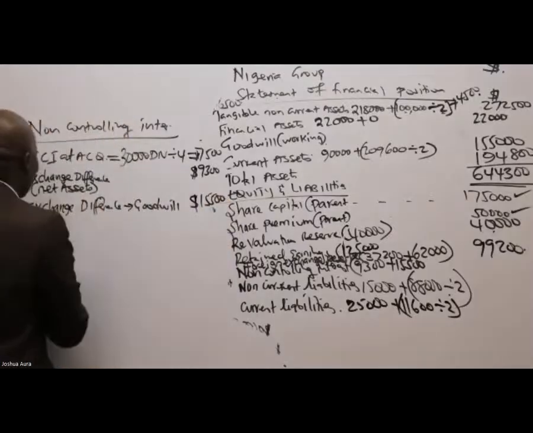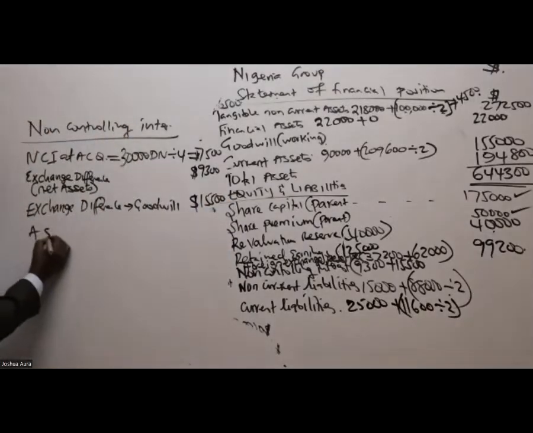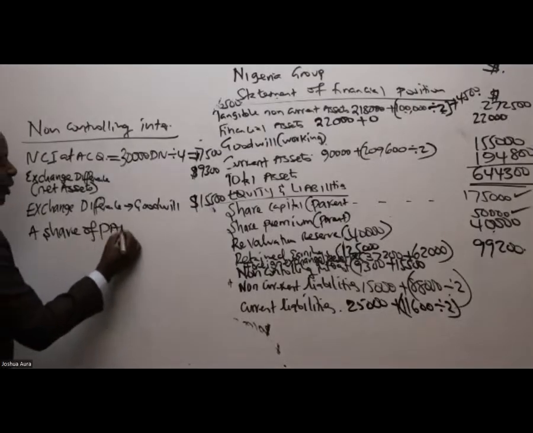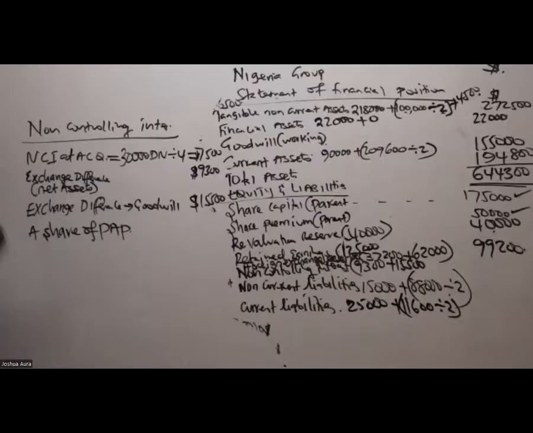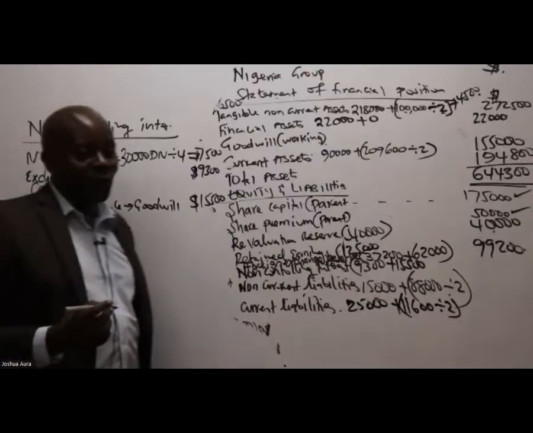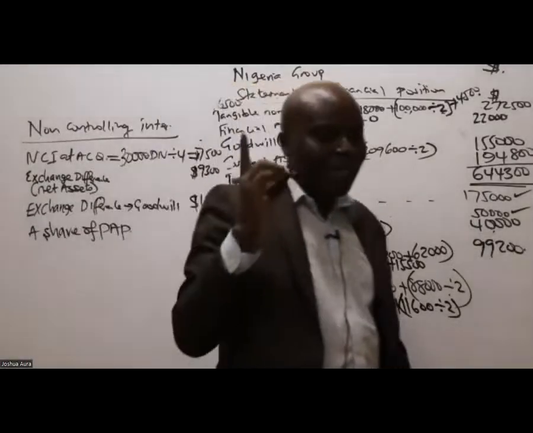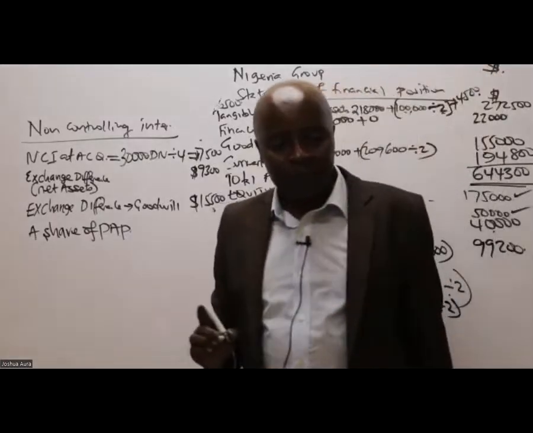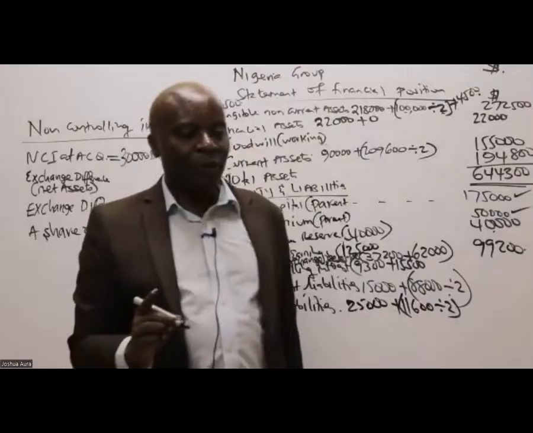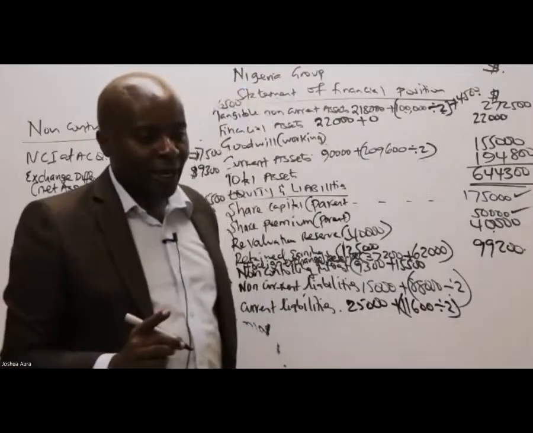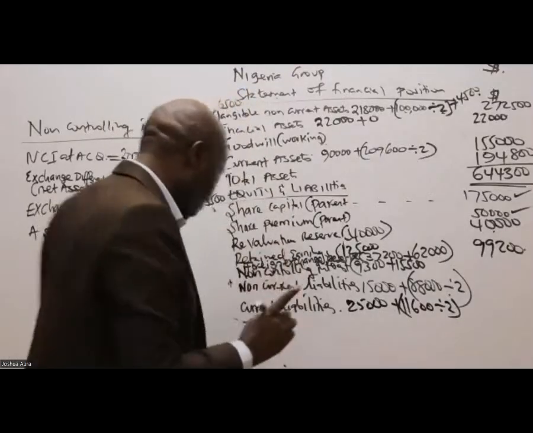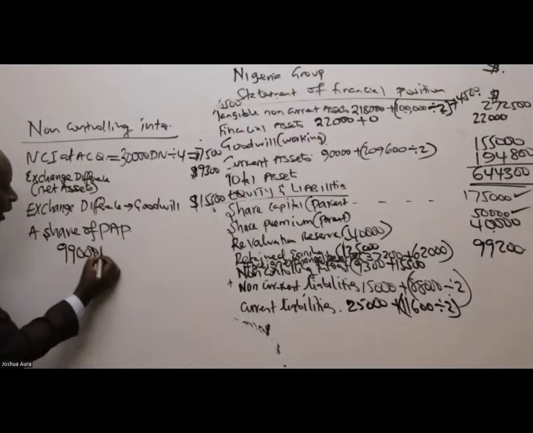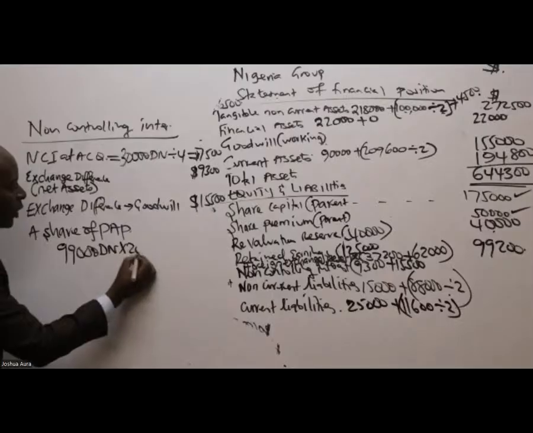Also, these guys must always get a share of PARP. Is there anybody who can remember our PARP figure? It was in DNs. Our PARP figure is 99,000 DNs. So of these 99,000 DNs, we are only giving them their share.